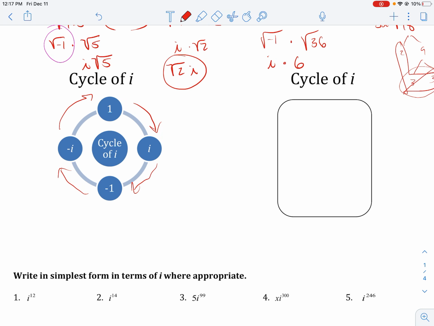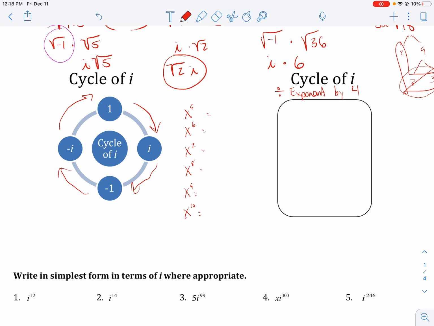So how do we determine that? First, we want to start by dividing the exponent by 4. I'm going to have a list right here: x to the 5th, x to the 10th.